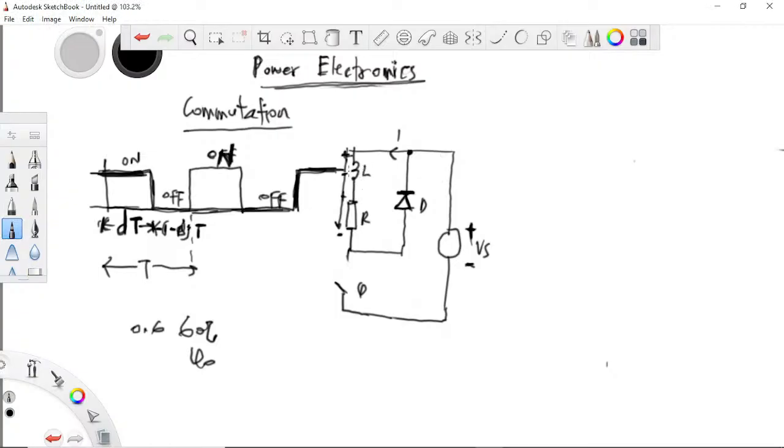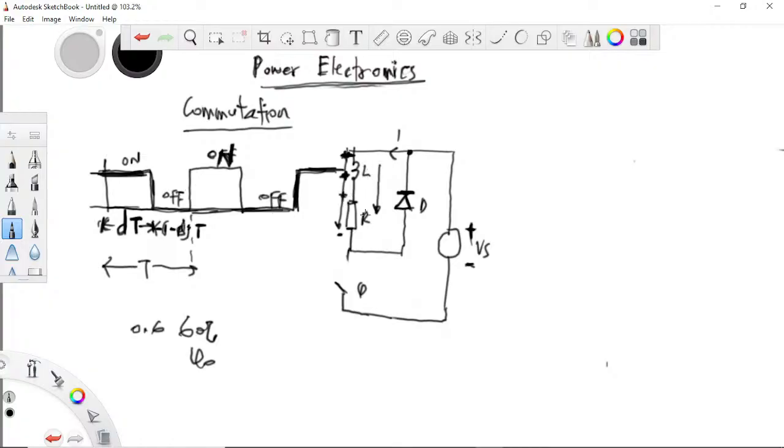So as a source, it supplies from the high polarity terminal. It means in the inductor, here becomes plus, here becomes minus, so that it can still supply current in the same direction.